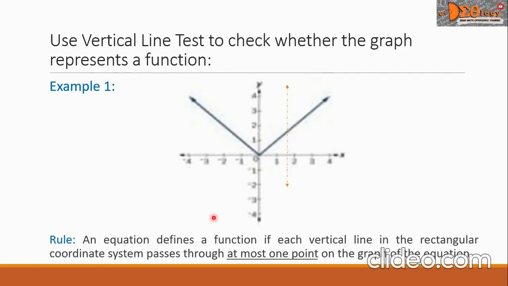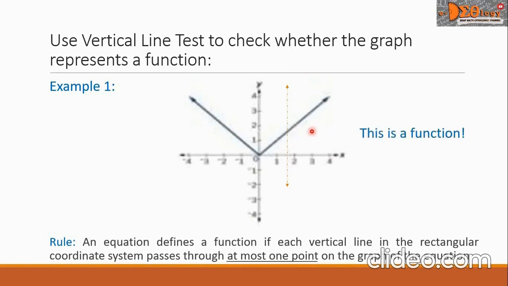The vertical line test says if each vertical line in the rectangular coordinate system passes through at most one point on the graph, it means the graph represents a function. Since this vertical line touches the graph at one point here, we say that this graph represents a function. This is our final answer.